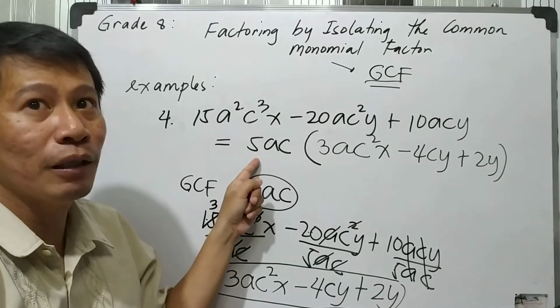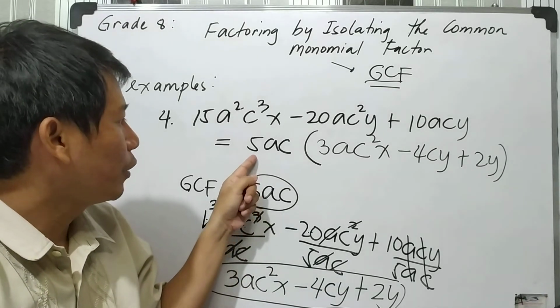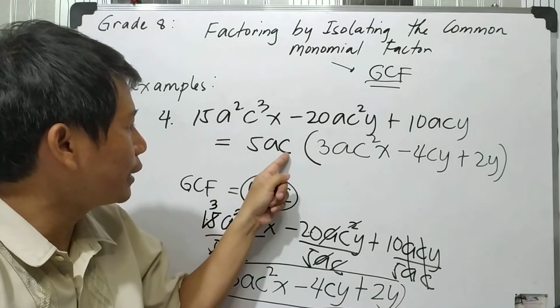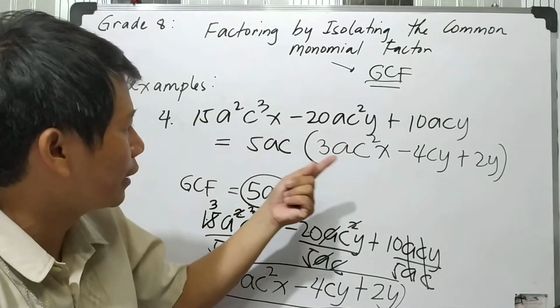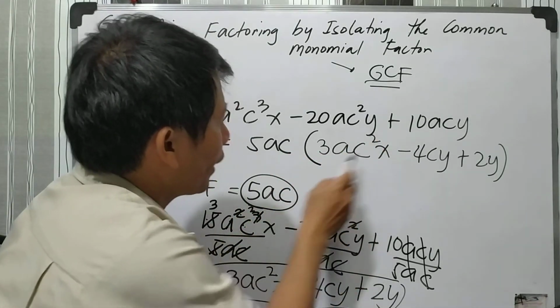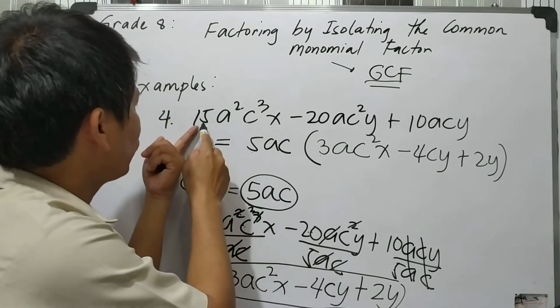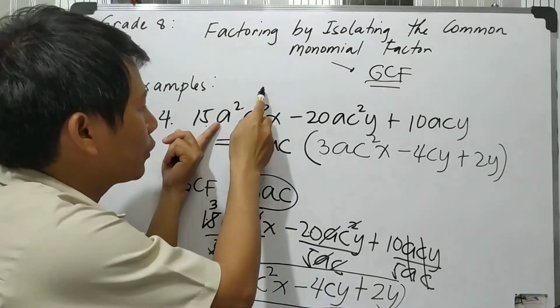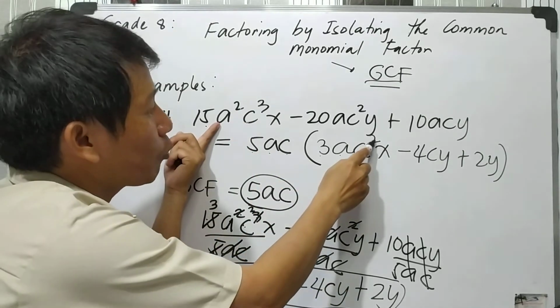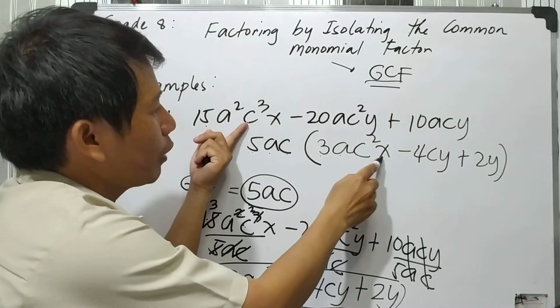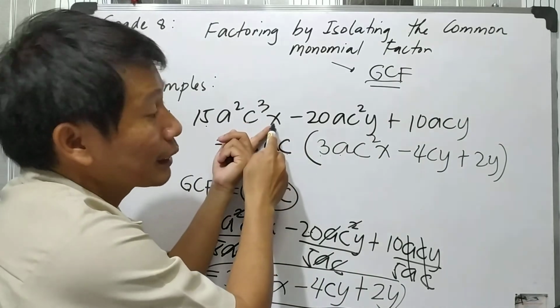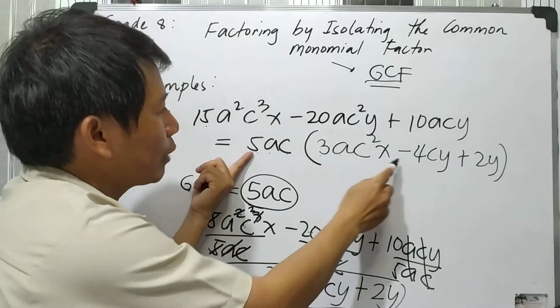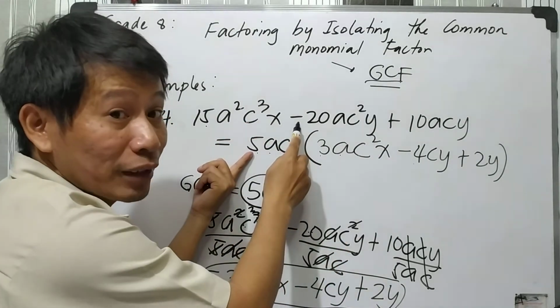Okay, so by distributive property, we multiply it. 5ac times 3ac squared x. So 5 times 3, we will get 15. Okay, a times a, we will get a squared, check. C times c squared, we will get c cubed. And we have here x, so copy, so we have x. Right? Next, 5 times negative 4, we will get negative 20.